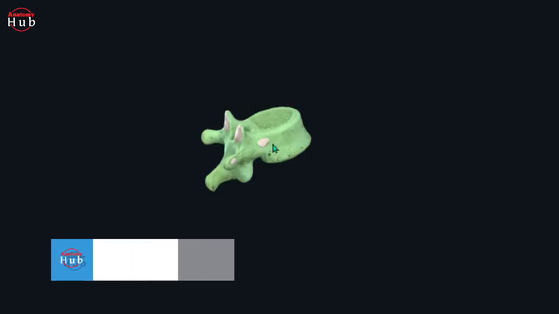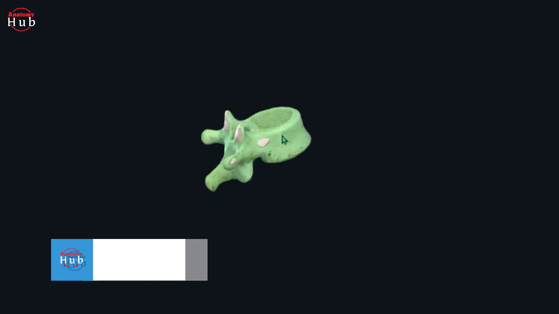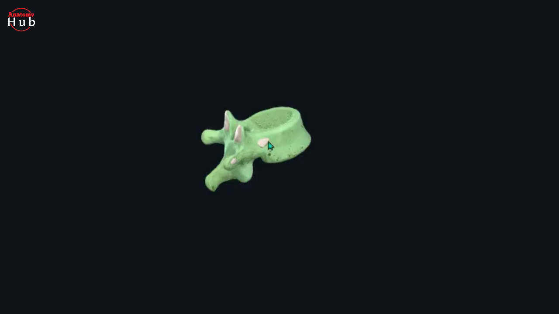Like that in T11 and T12, they also have a single pair of entire costal facets, and that will be present only at the pedicle, not in the vertebral body. So this is how the atypical vertebrae are different from the typical vertebrae.